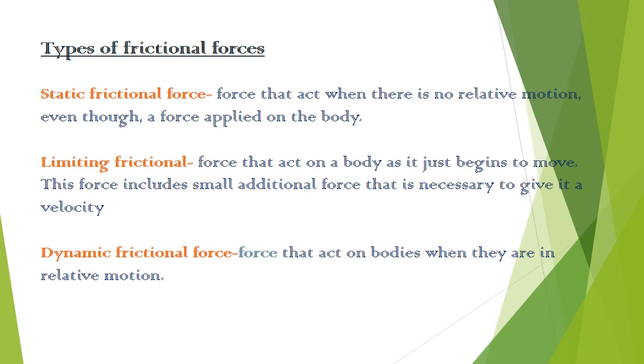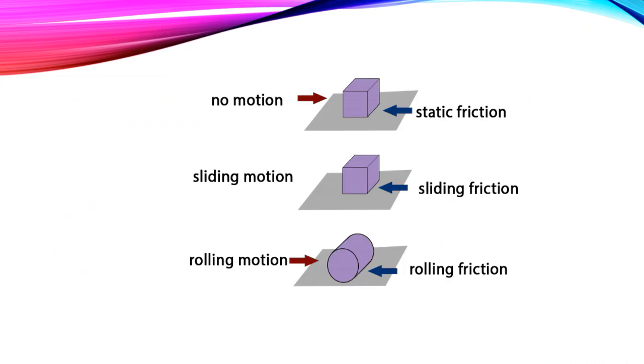So, I hope you are clear with the types of frictional force: static frictional force, limiting frictional force, and dynamic frictional force. Here in this picture, you can see three types of friction. Static friction, when this object has no motion, and sliding friction. Sliding friction means when this object is sliding, just moving on a floor.